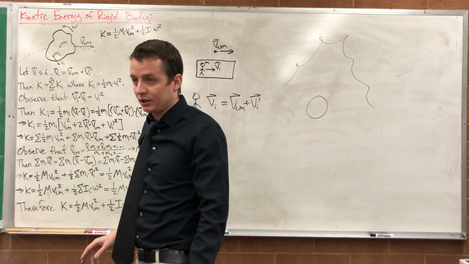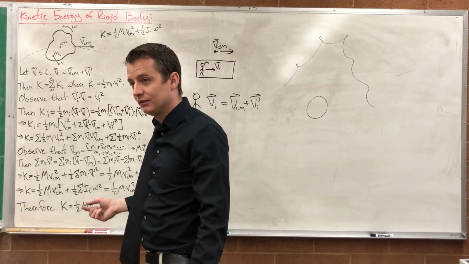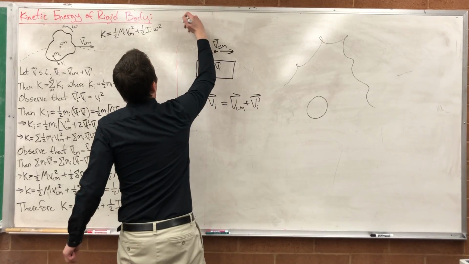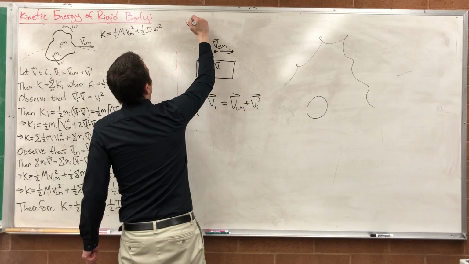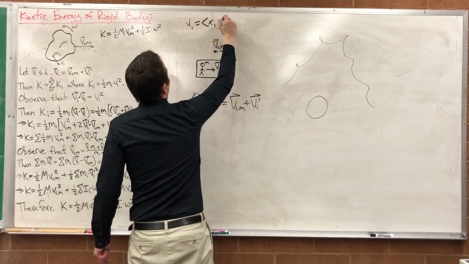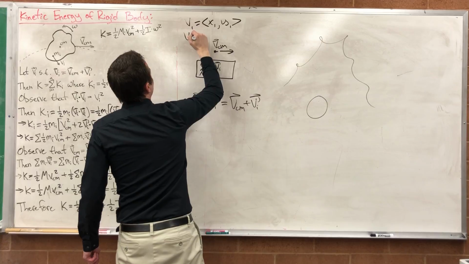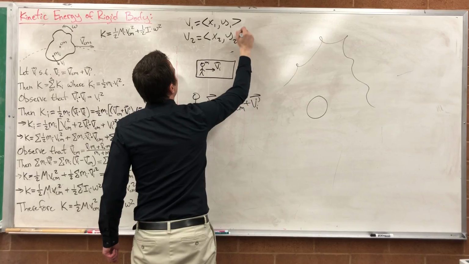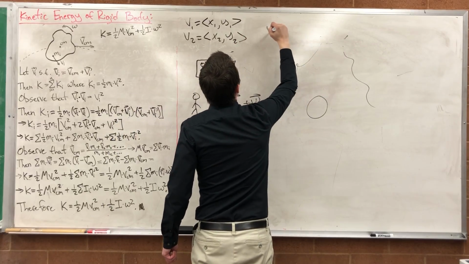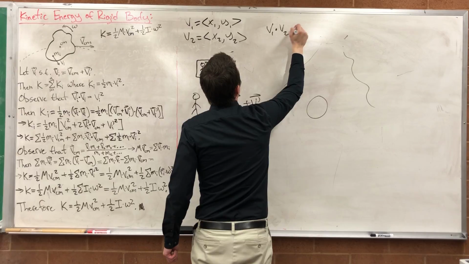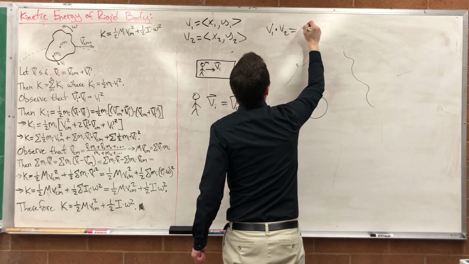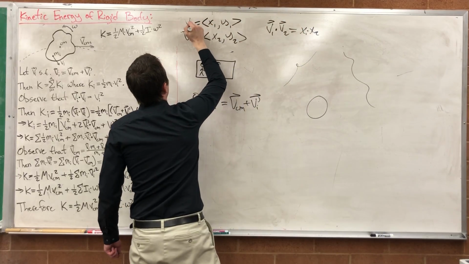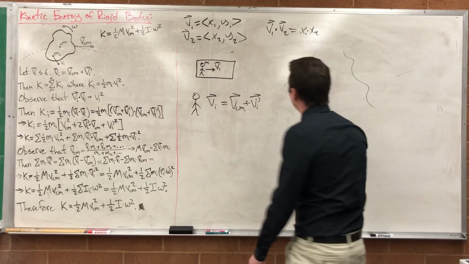Hopefully you don't mind dot products. Isn't it just the vectors multiplying each other? The dot product: if I have V1 equal to X1 comma Y1, and V2 equal to X2 comma Y2, then the dot product V1 dot V2 is equal to X1 times X2, plus Y1 times Y2, right?